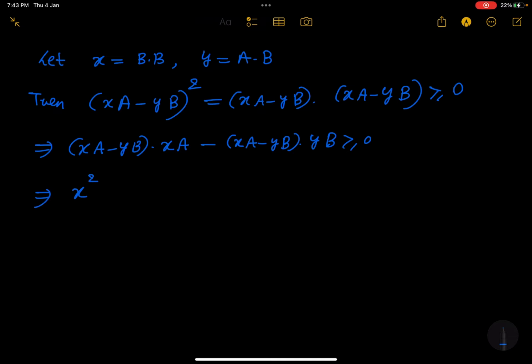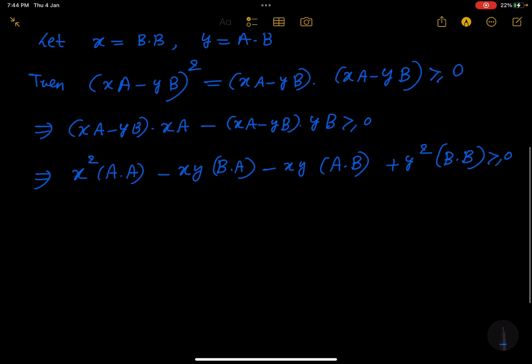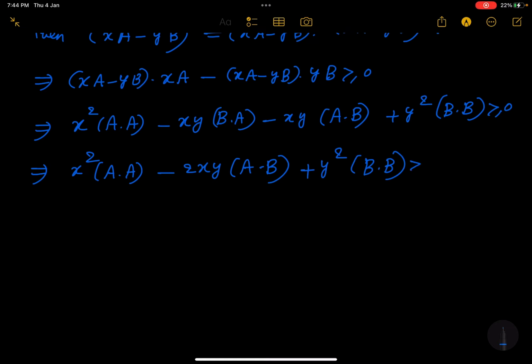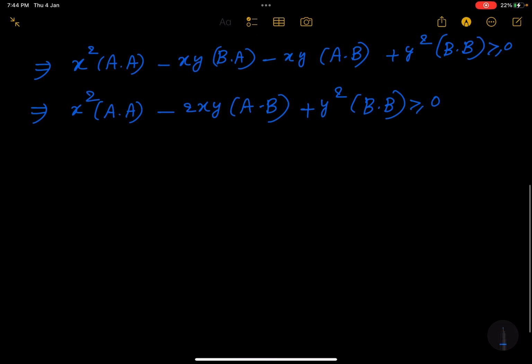So this is x square A dot A minus xy B dot A minus xy A dot B plus y square B dot B, which is bigger than or equal to 0. This means x square A dot A minus 2xy A dot B plus y square B dot B is bigger than or equal to 0.